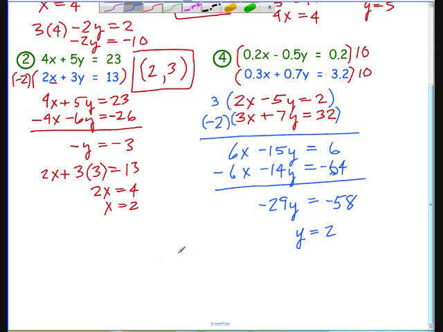Now, I am going to go back to, I think, this equation here. I can use any one of these. This one, this one, this one, or this one. And to me, this one looks easiest. So I'm going to say 2x minus 5 times 2 equals 2. So it's going to be 2x equals 12. I think I've got my point.